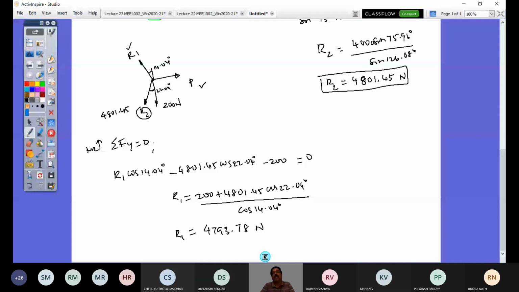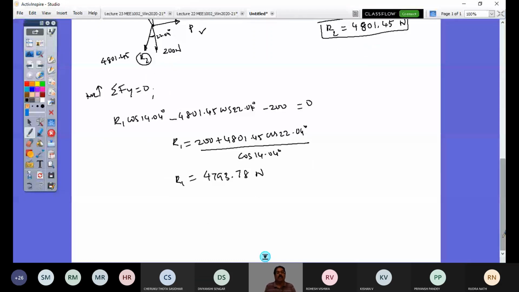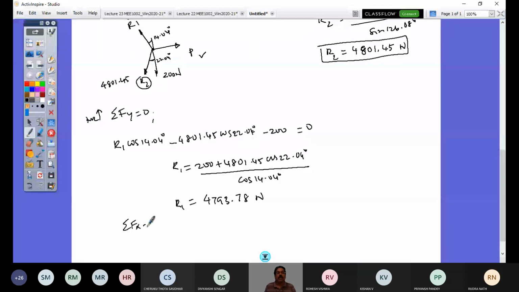Now I can use my second equation, sigma Fx equals 0, with the convention to the right positive. So P, and these two would have their components to the left. What are the components? Minus R1, where R1 is 4793.78 sine 14.04.